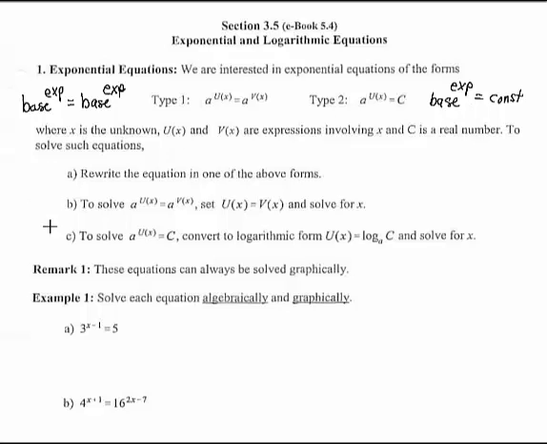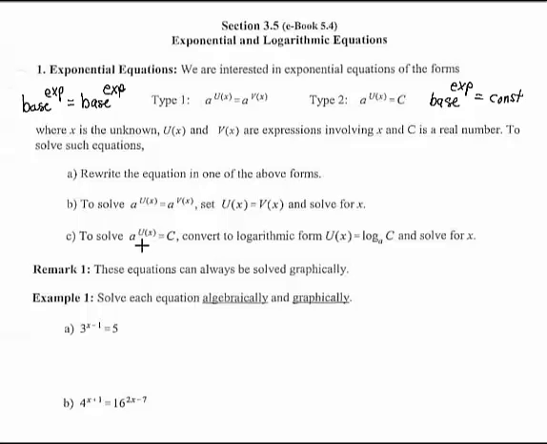And that's what B and C are telling us to do. In B, you can see that we just simply take the exponents u of x and v of x and set them equal to each other, and we have a more simple equation. And then C is referring to type 2, where we have a base with an exponent equal to a constant, and so we just take the exponent and set it equal to the log with a base a and the argument c.